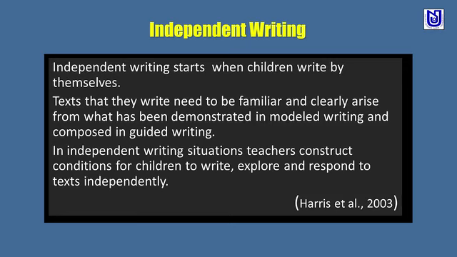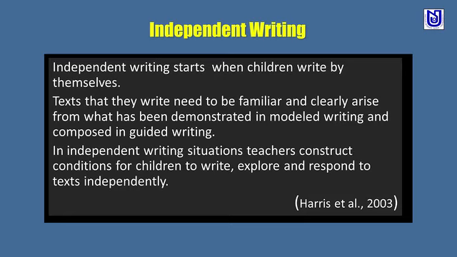So the issue is picked up by the child. That is when that person is an independent writer. Now the texts that they write need to be familiar and clearly arise from what has been demonstrated in modeled writing and composed in guided writing. So prior to independent writing, there is modeled writing and guided writing, right?